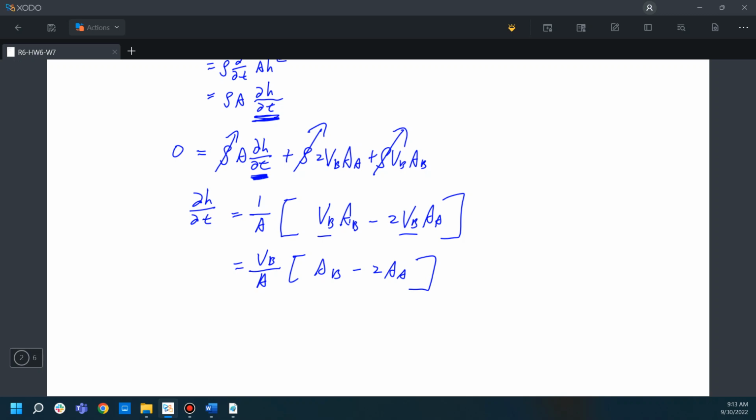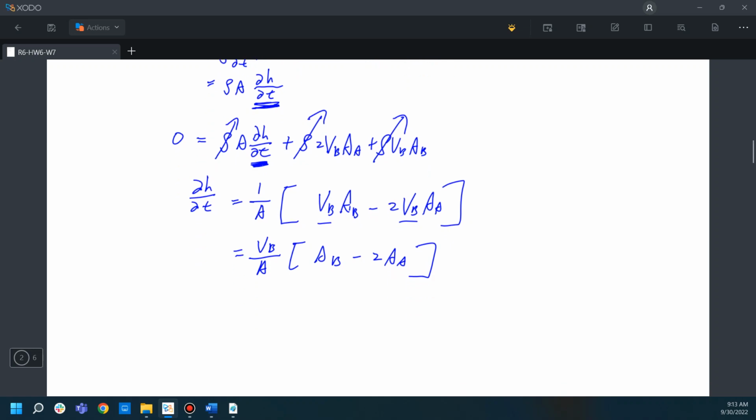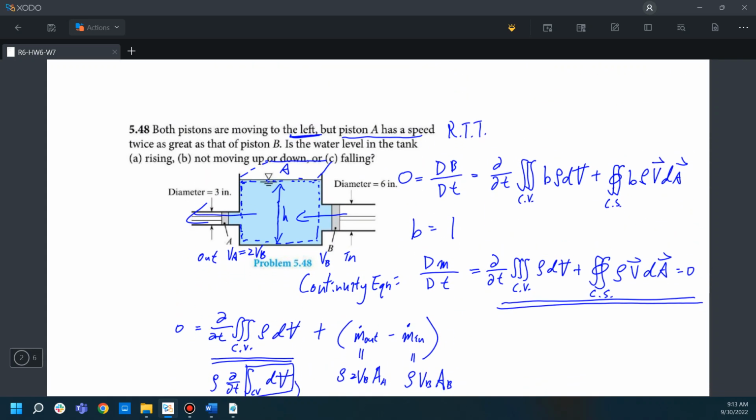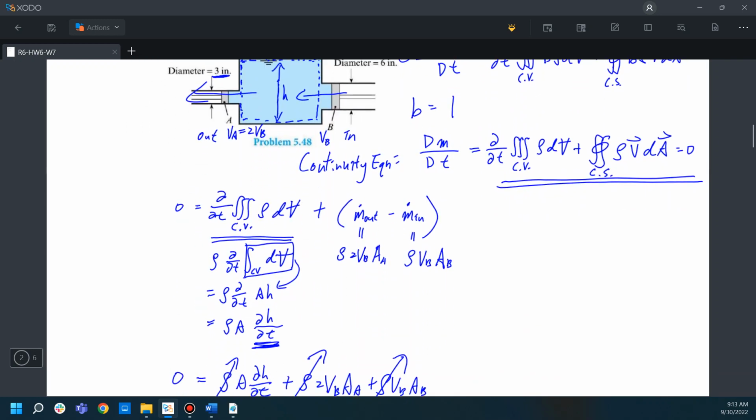So that's C. The diameter for the piston A is 3-inch. Diameter of the piston B is 6-inch.